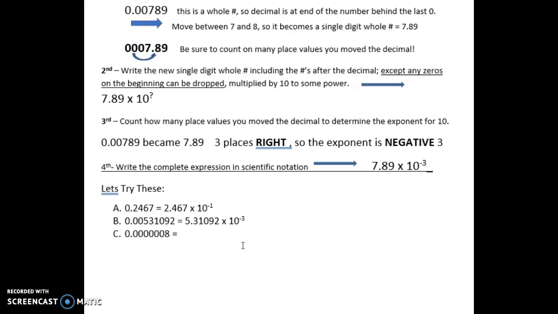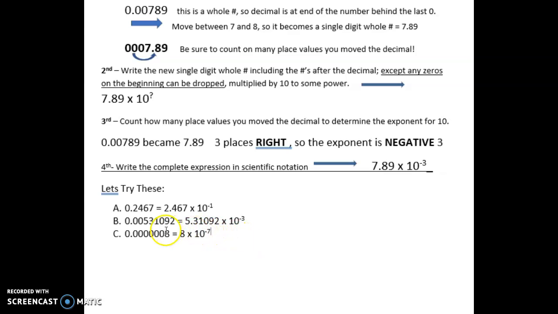Whoa, look at all of these zeros. Well, my whole number is simply going to be 8. 8 times 10 to a certain power. It was a very small number, so I know I'm going to have a negative power. And let's count how many times we have to move the decimal. 1, 2, 3, 4, 5, 6, 7 times in order to create a scientific notation. 8 times 10 to the power of negative 7.